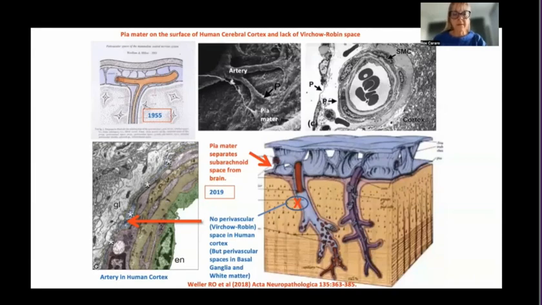Instead, there is a perivascular compartment formed by the basement membrane of the arachnoid layer and the basement membrane of the astrocyte end feet, also called glia limitans. So this way, the perivascular space is actually a perivascular compartment composed of the glial and pial basement membranes.